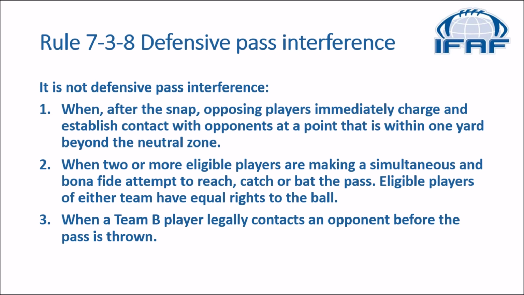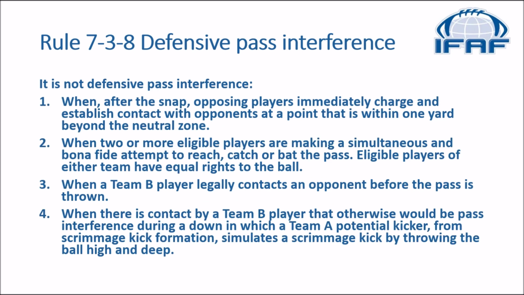When a Team B player legally contacts an opponent before the pass is thrown. And finally, 4. When there is contact by a Team B player that otherwise would be pass interference during a down in which a Team A potential kicker from scrimmage kick formation simulates a scrimmage kick by throwing the ball high and deep.